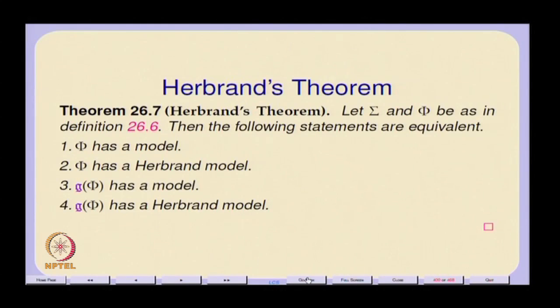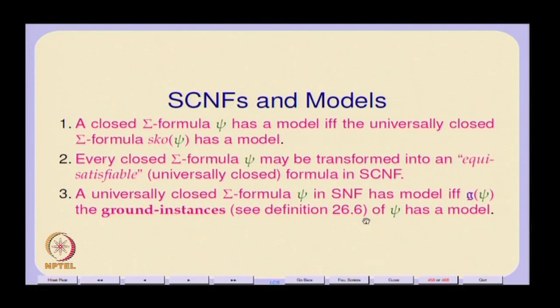Which means your quest for models and unsatisfiability is essentially restricted to ground formulae. When you take the ground instances of psi, you are throwing out the quantifiers and replacing all free variables in the body by purely syntactic, variable-free terms.